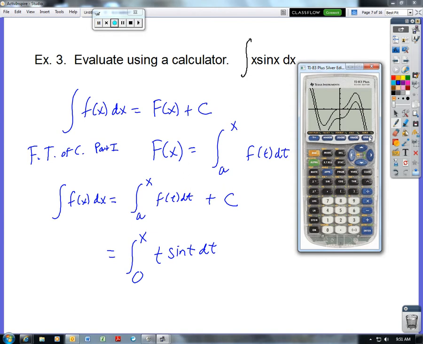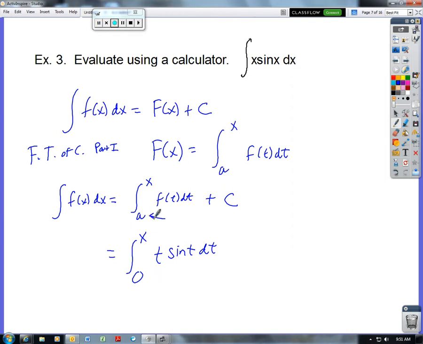Cool. So these different numbers here for a affect the c value, don't they? In other words, you're still getting all of these. This is all the antiderivative. They're all going to have the same shape. They're just going to be shifted vertically.